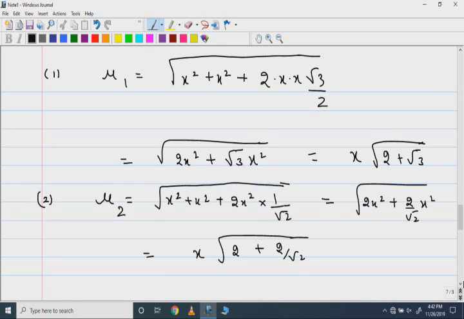By the way, how many of you have got the same answers? Okay, that's really good. Anyone who is copying it, please copy this and then we'll move on.